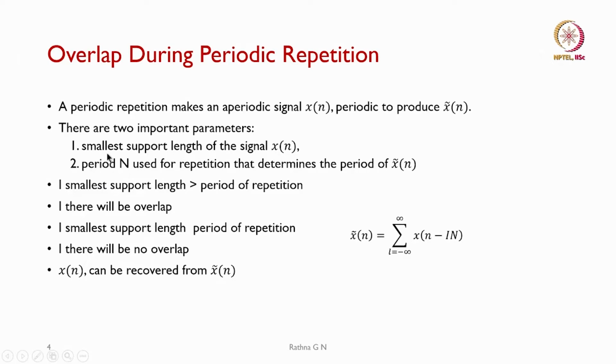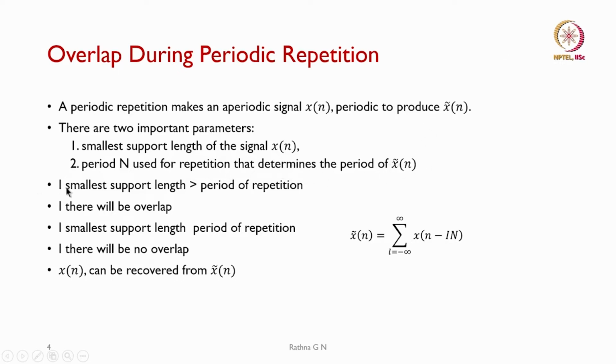So, what are we going to do with overlap during the periodic repetition? We say that periodic repetition makes an aperiodic signal x of n periodic to produce x tilde of n. There are 2 important parameters in this case: the smallest support length L of the signal x of n, and the period N used for repetition that determines the period of x tilde of n.